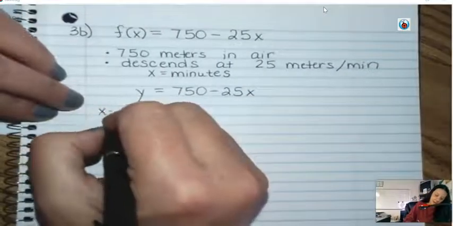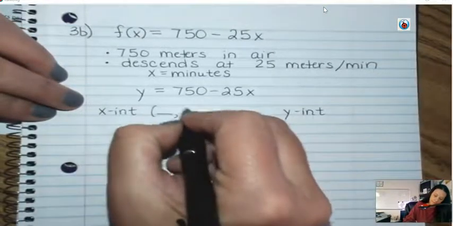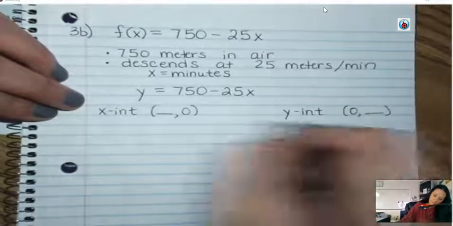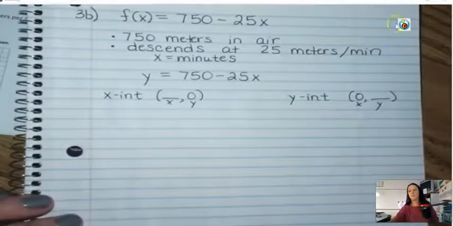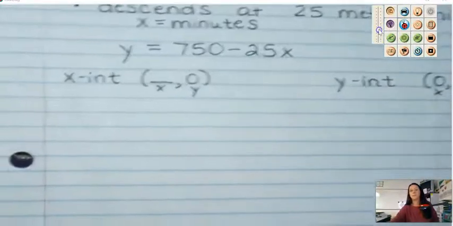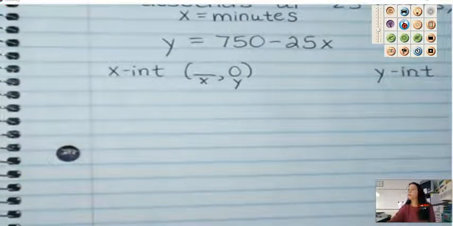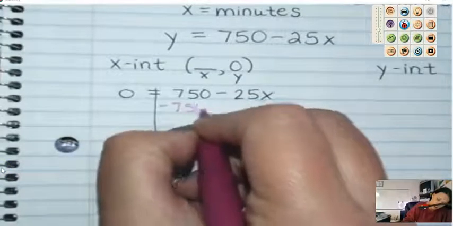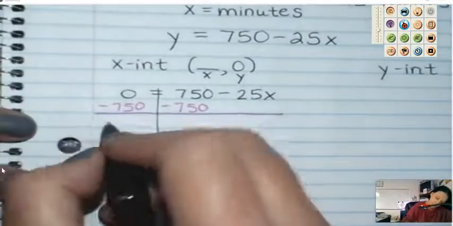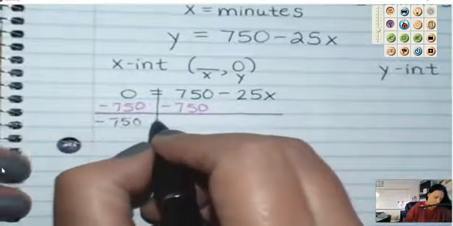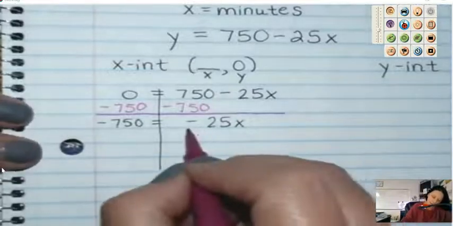Now figure out what's the x-intercept and then the y-intercept. Take the equation and plug in 0 for y. Go ahead and work on that by yourself. What you should have done is subtract 750 from both sides, and then divide by the coefficient.